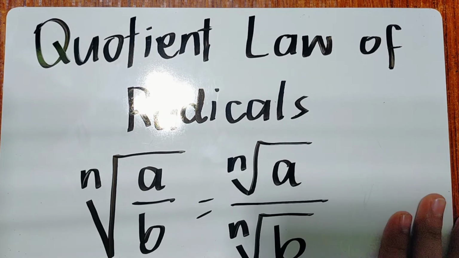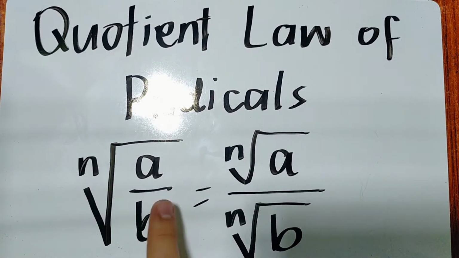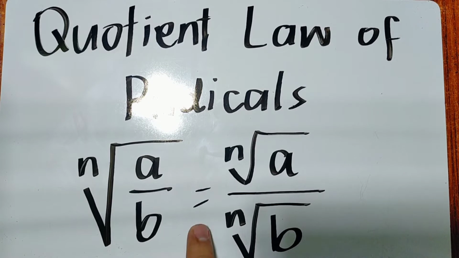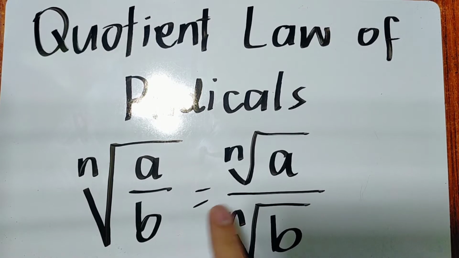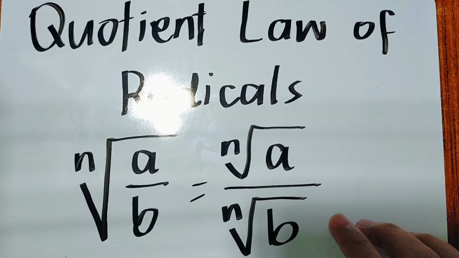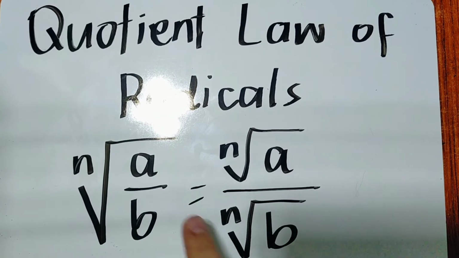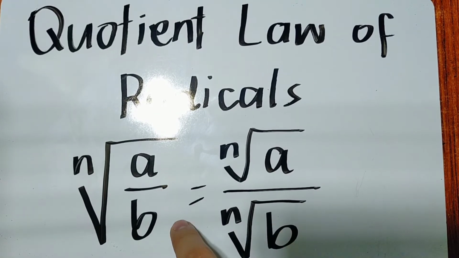So let's begin with this concept of the nth root of A over B, which is also equal to the nth root of A divided by the nth root of B. They are just the same. So ano lang po ang ginawa natin? Pinaghiwalay po natin yung nasa radicand.